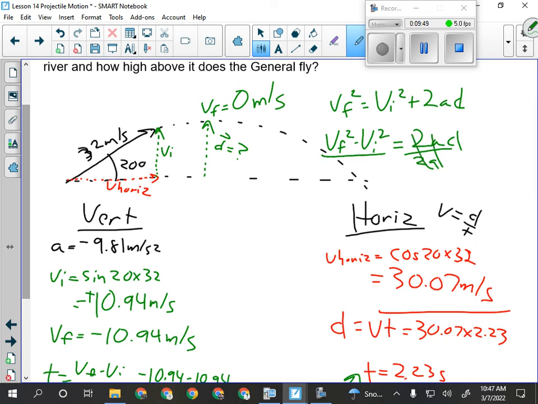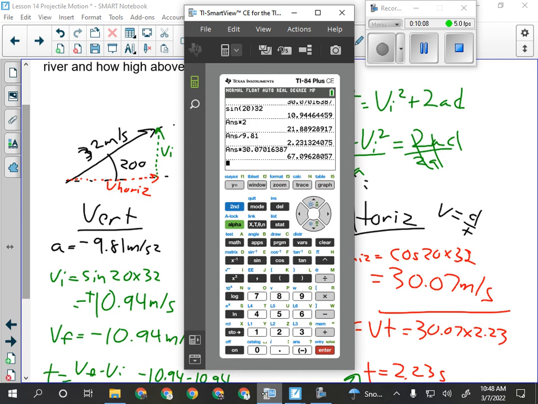So that's going to be 0 squared minus 10.94 squared divided by 2 times negative 9.81. Okay, so 0 minus 10.9.